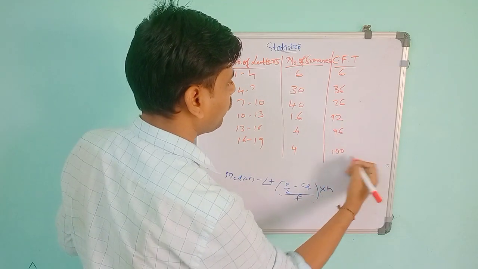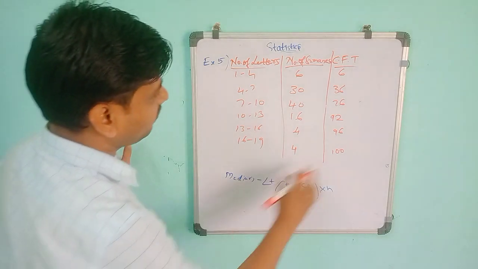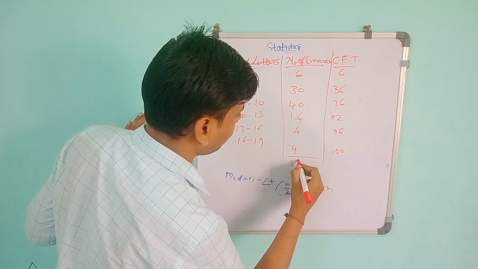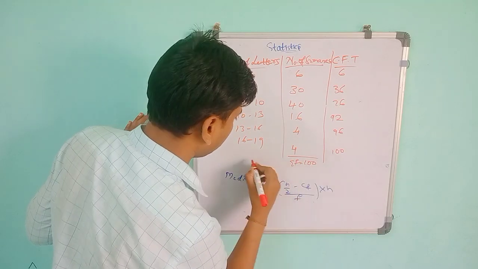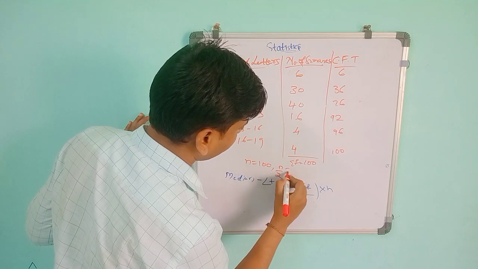So this is the cumulative frequency table. Sigma f is 100, so n is equal to 100, then n by 2 is equal to 50.